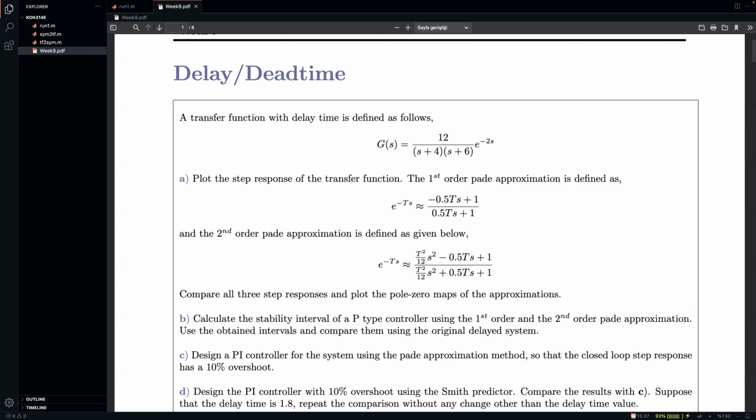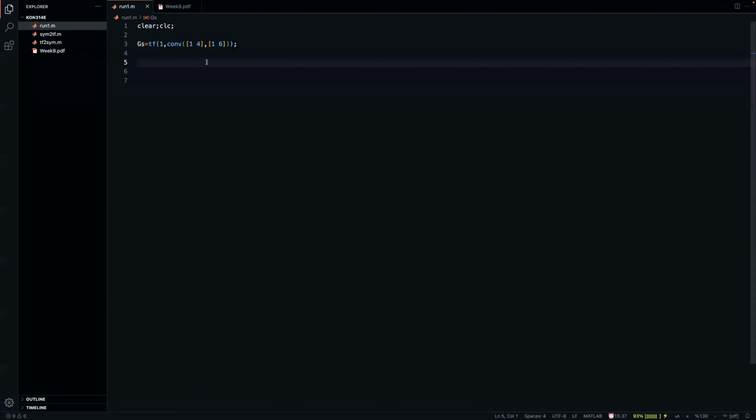Let me demonstrate what the problem actually is. Because we have a system that has gain 12 and the poles are at 4 and 6, I can define a system like this. Before I separate them, let me show you how I define a system with delay. On top of the poles and zeros, we add a property which is called IO delay.